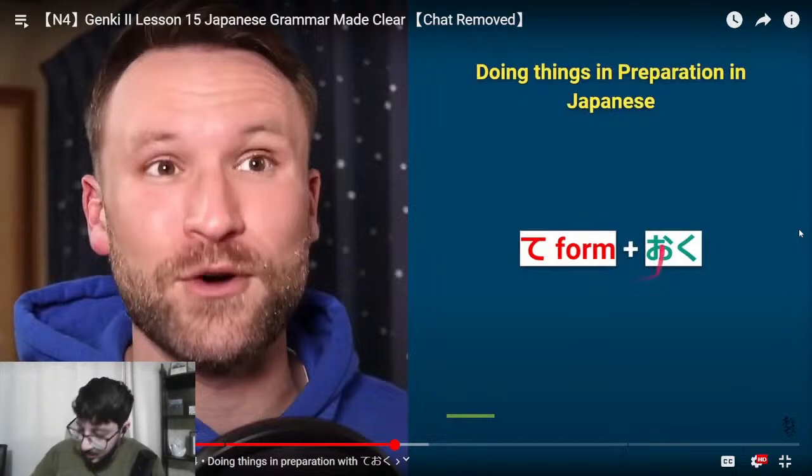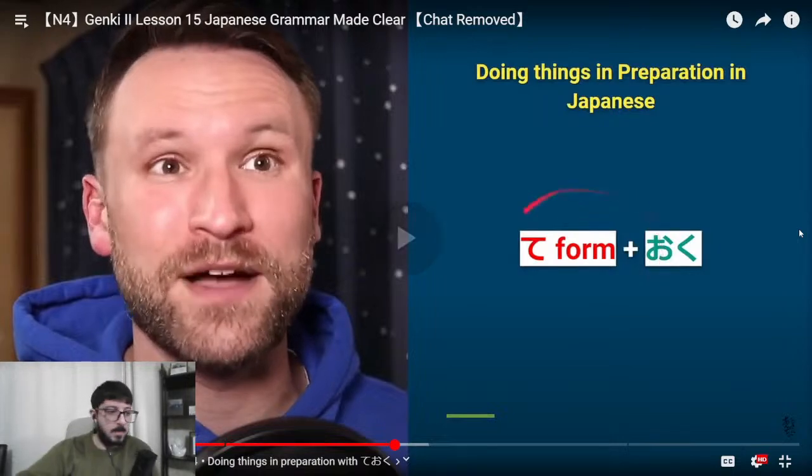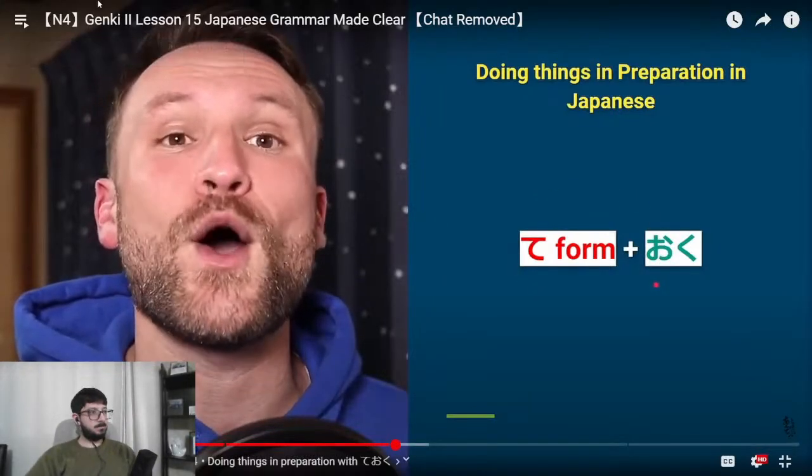So, 手置く, te form, plus 置く, of any verb, and add oku.